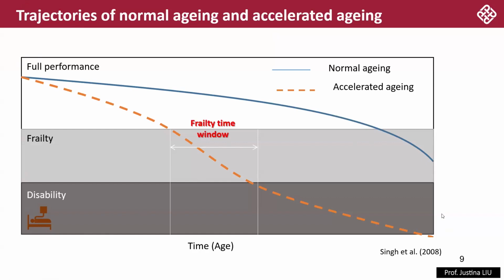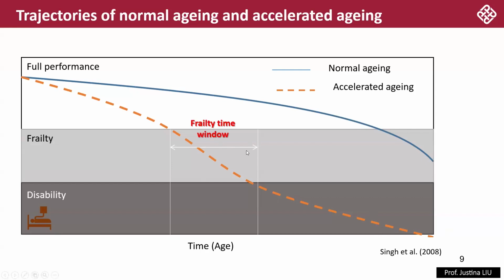They may experience just a mild reduction of their functional ability, in a very short period of time before death. In contrast, the orange dotted line represents people with an accelerated aging process. They will experience frailty much earlier in their life. As a result, they will also experience an extended period of disablement before death.